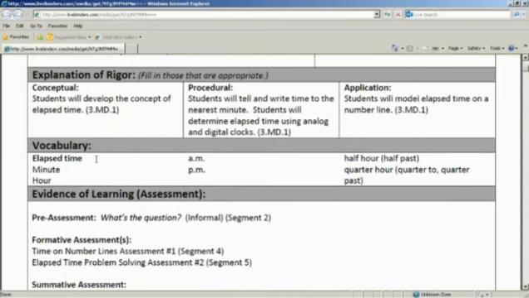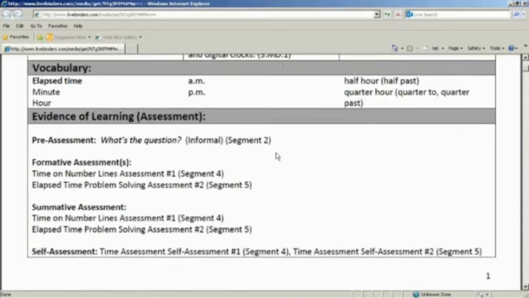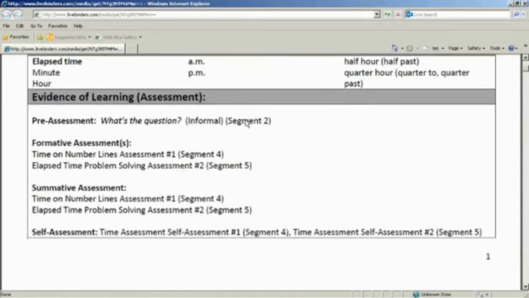Here again is a vocabulary section next, and the vocabulary that students will have to be familiar with and use readily in their math conversations that take place during the lesson. So it's nice to have it all located in one spot.